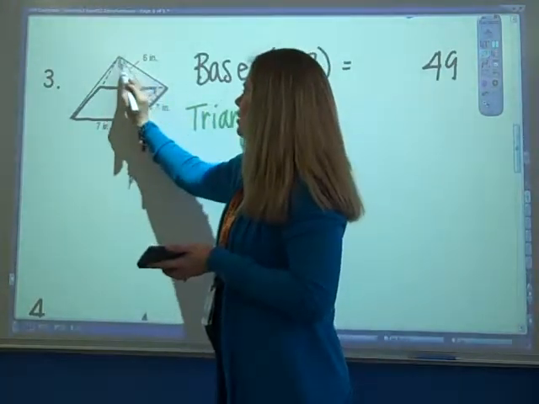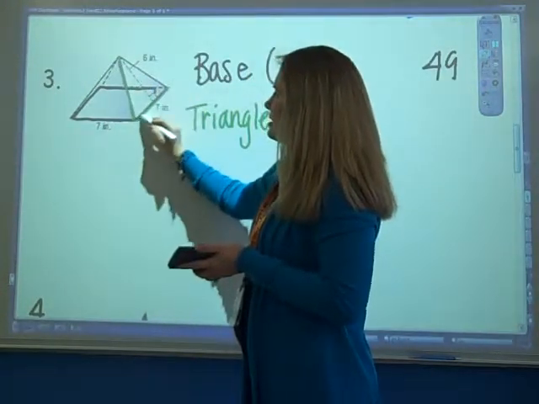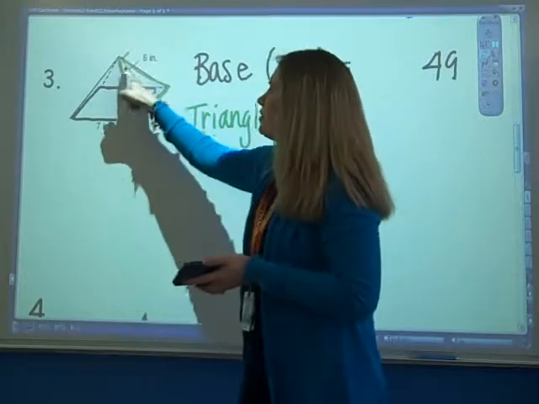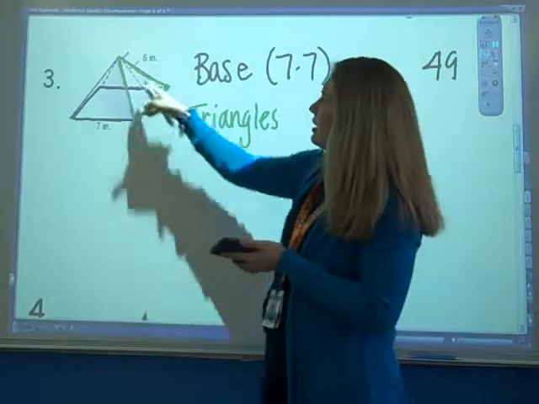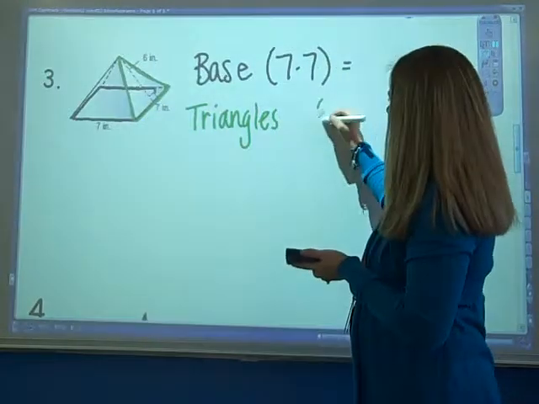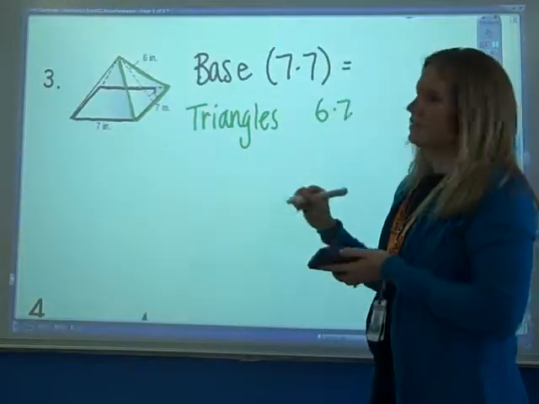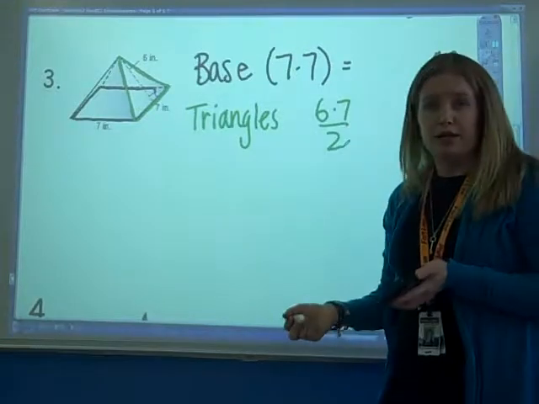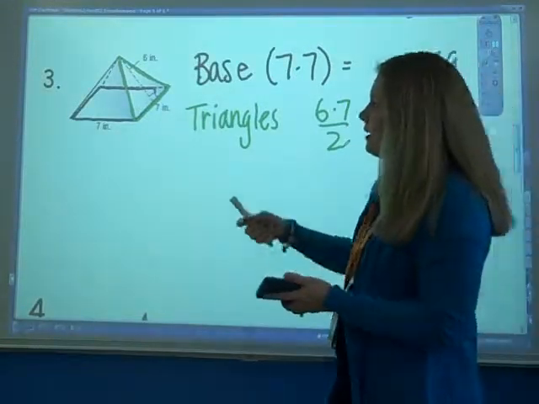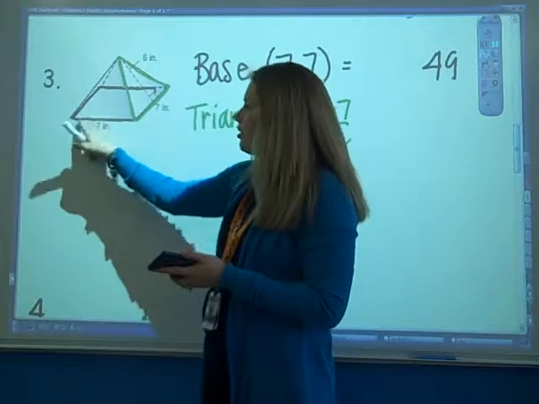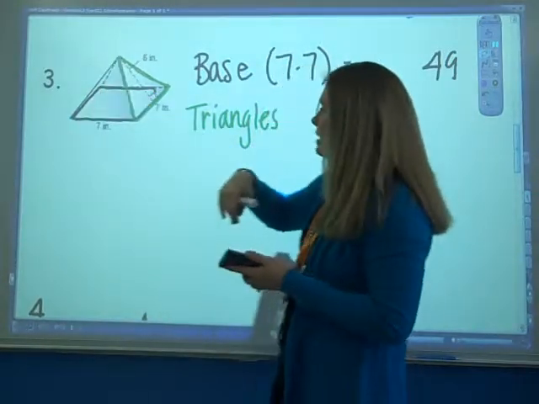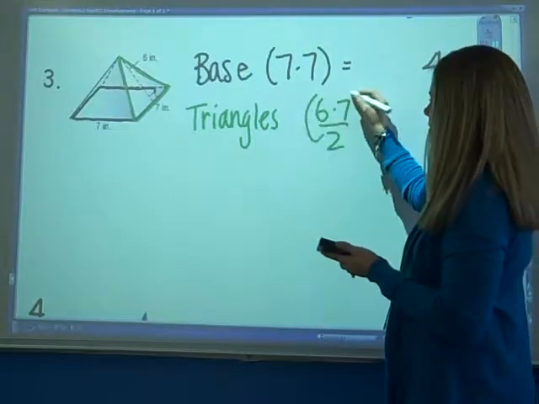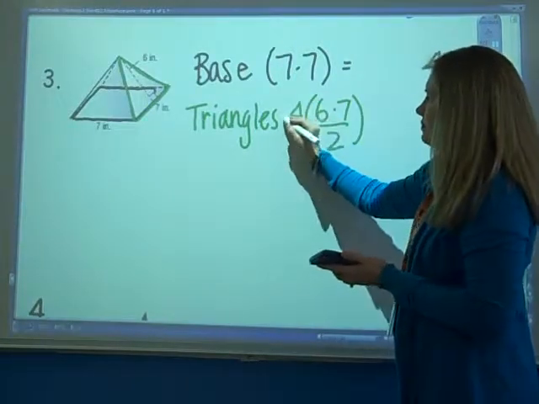The triangle along here, the base is 7, and the height of it, which is why they're giving you right along the side, is 6. So it's 6 times 7 divided by 2, because it's a triangle, or times half. And then all of these are the same. All their bases are 7, and they're all going up to the same height, 6. So we have 4 of them, times 4.